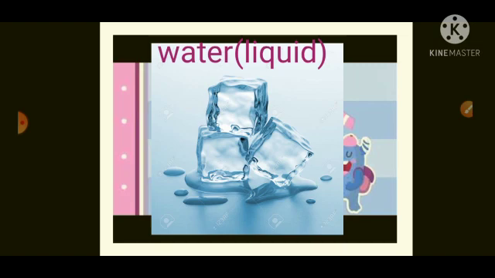This process by which a solid changes into its liquid state is called melting. When water is cooled at a very low temperature, it changes back into ice. This is called freezing.